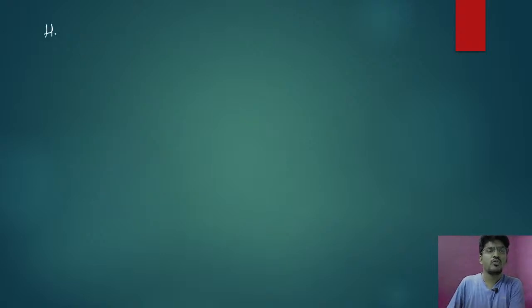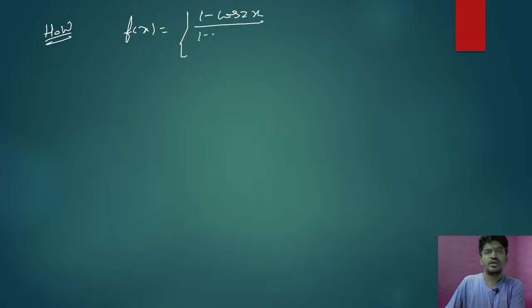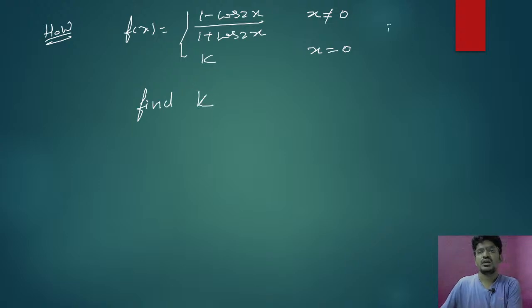Take one homework problem, that is f of x equal to 1 minus cos 2x divided by 1 plus cos x, here it is k, x is not equal to 0, here x is equal to 0. Find k. It is continuous at x equal to 0.